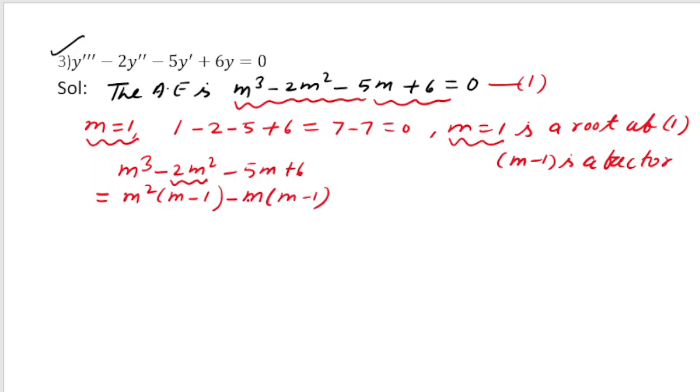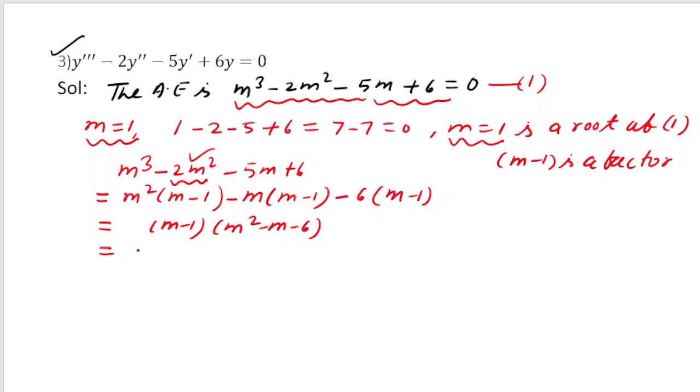Now you can see that it will become minus m square and minus m square from here, so I will get minus 2m square. But this will give me minus m and minus 1, so plus m. But we want minus 5m, so we need minus 6m extra. For that I write minus 6 into m minus 1, right? And so we got m minus 1 into m square minus m minus 6.